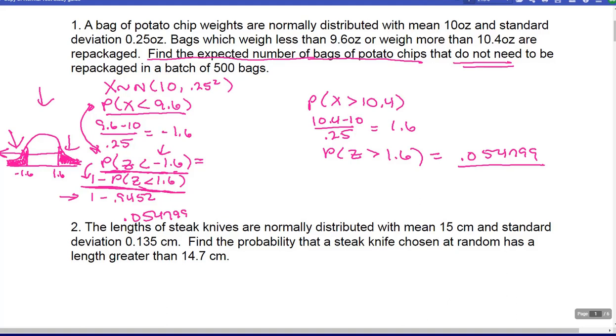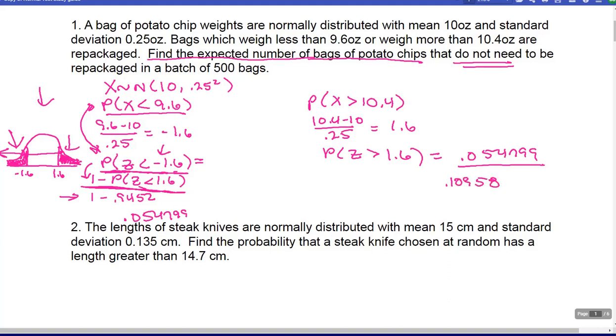If I add them together or double them, what's this times 2? 0.109598. Don't forget the 0.